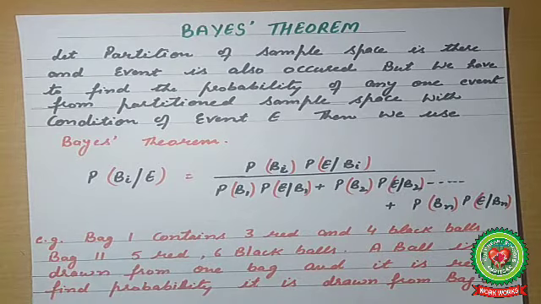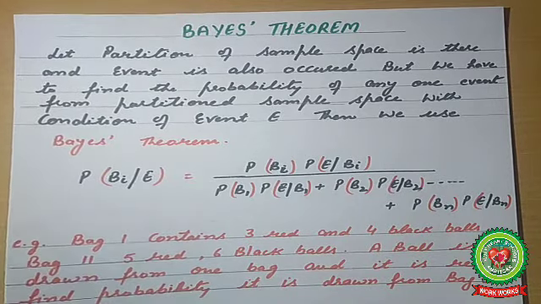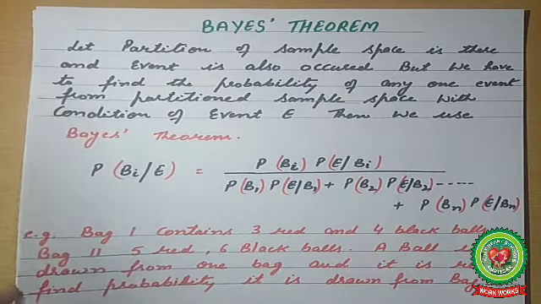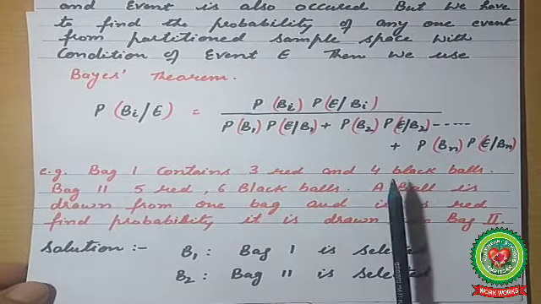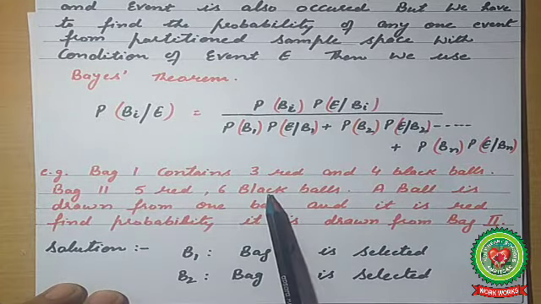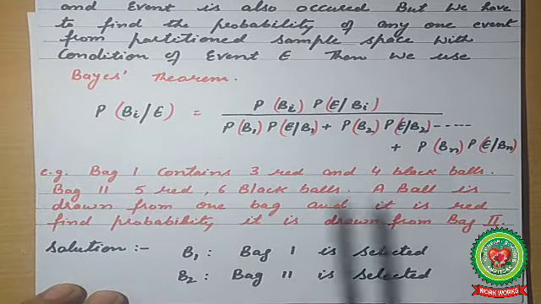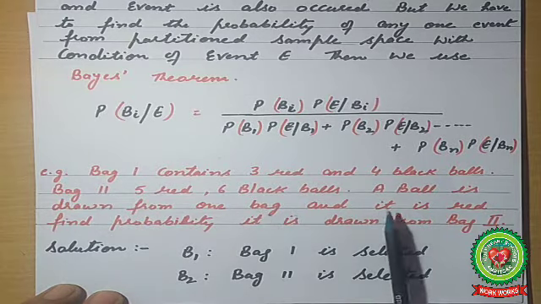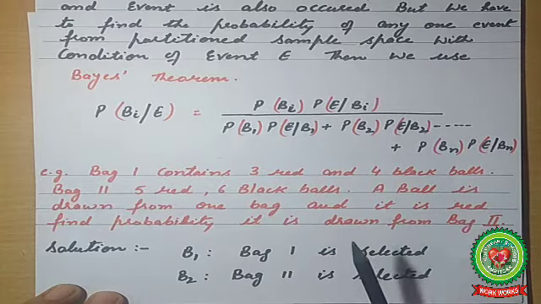Now there is one example for more understanding. Bag 1 contains 3 red and 4 black balls, and bag 2 contains 5 red and 6 black balls. A ball is drawn from one bag and it is red.